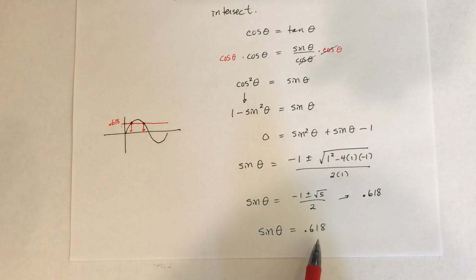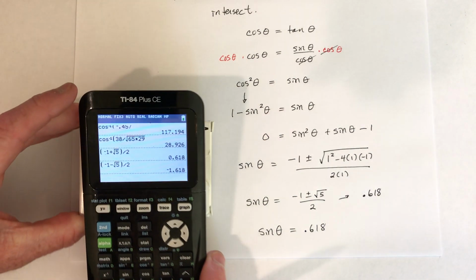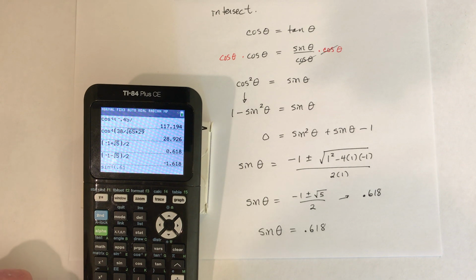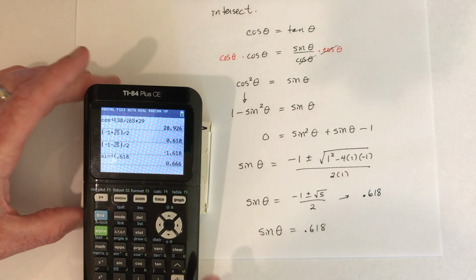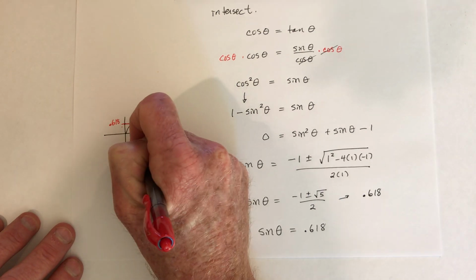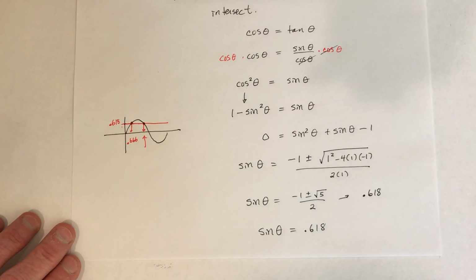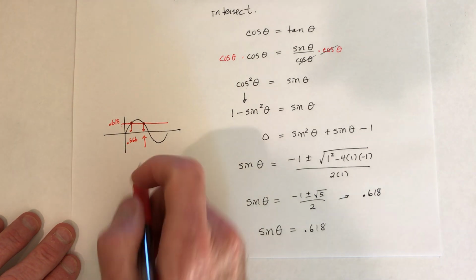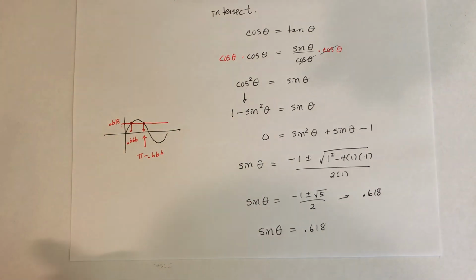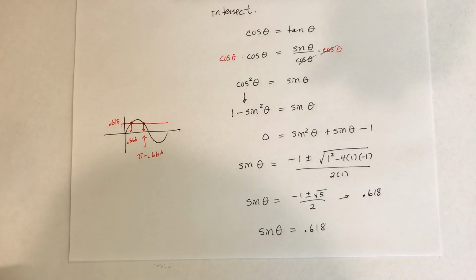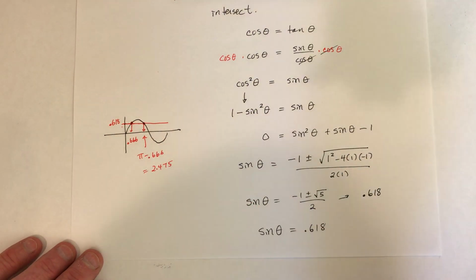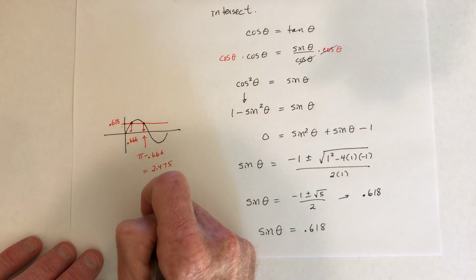So this first one comes from just taking sine inverse of 0.618, and that is the number 0.666. And then the second one is going to be pi minus 0.666, which equals 2.475.